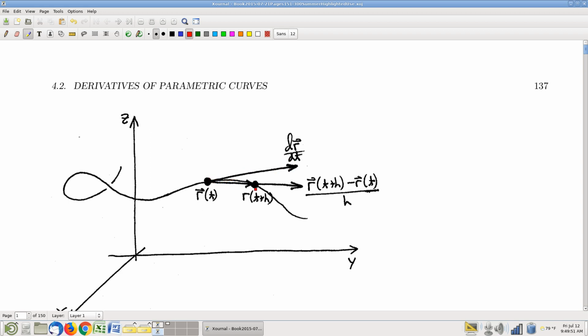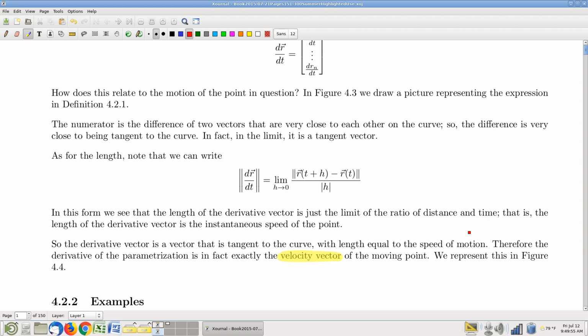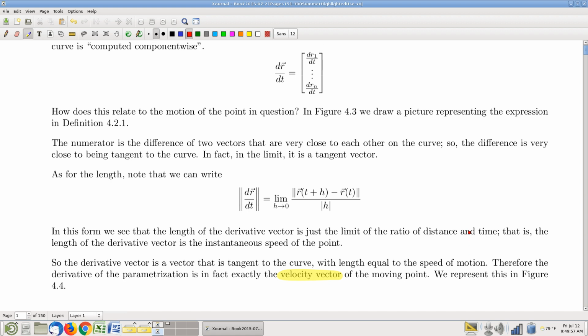So this is the really nice punchline: that derivative thing not only is easy to compute, but it has a fantastic, physically natural interpretation. It is the velocity vector of that parametric curve. That makes derivatives of parametric curves really useful.